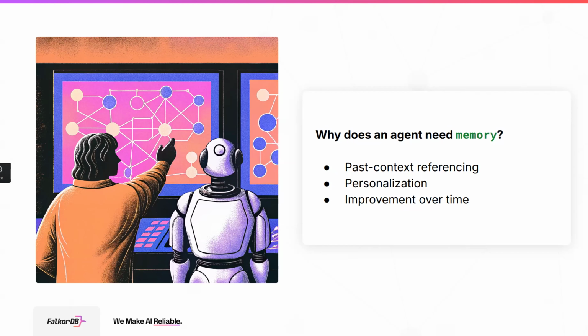Maybe he succeeded, and we want him to repeat similar steps that he did. Or if he failed, we don't want him to repeat the same failure again. So over time, we don't want the agent to start from zero. We need to give him tools that create an environment that continues with time.